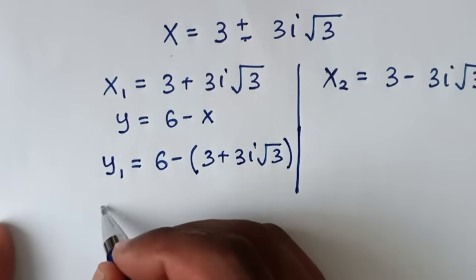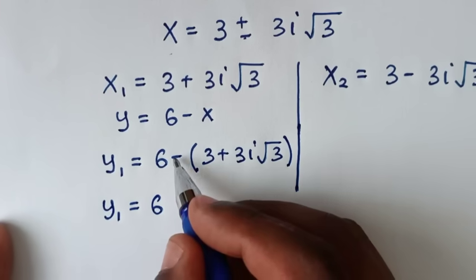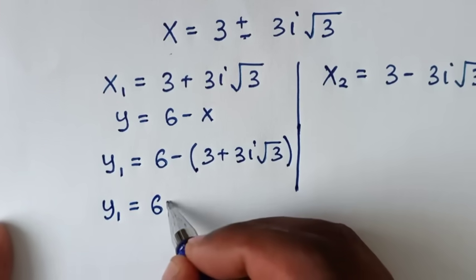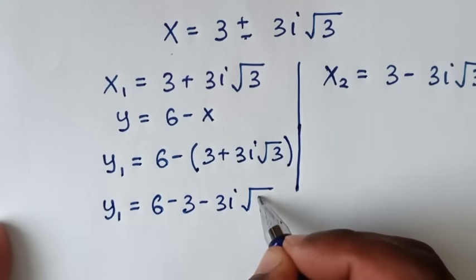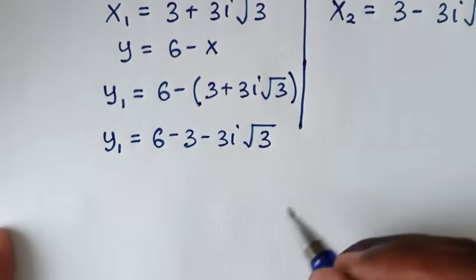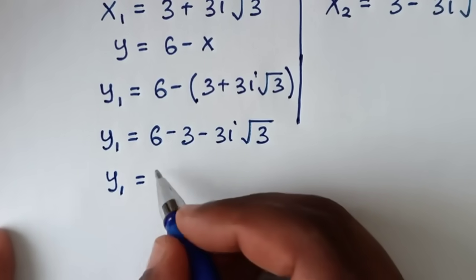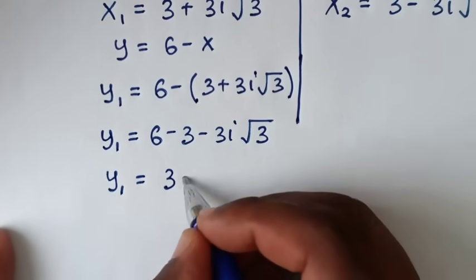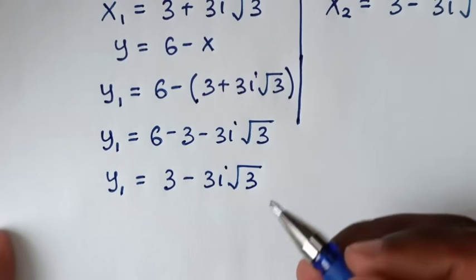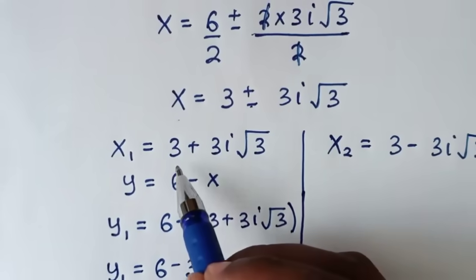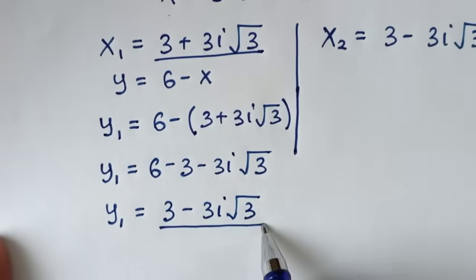Then y1 is equal to 6, we take negative inside the bracket, so it will be minus 3 minus 3i square root of 3. Then y1 is equal to 6 minus 3, it is 3, then minus 3i square root of 3. So here we get the value of x1 and value of y1.